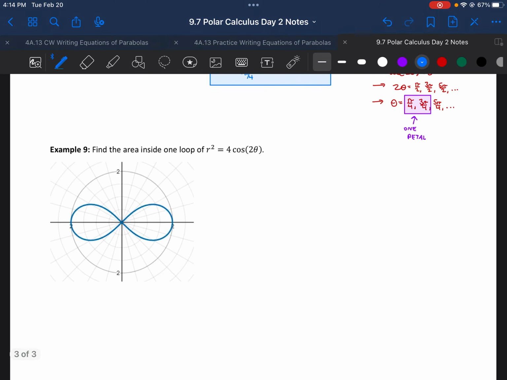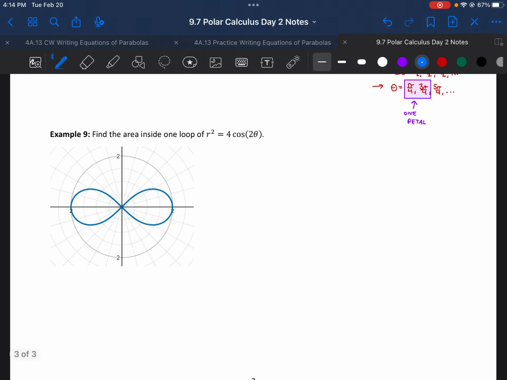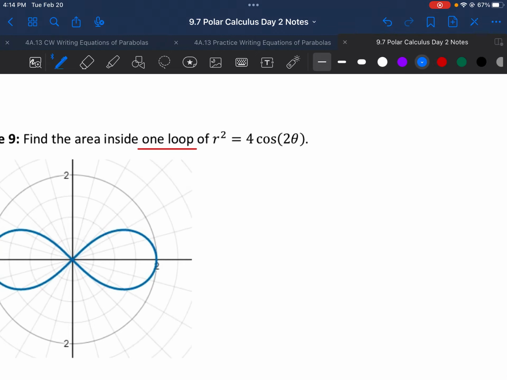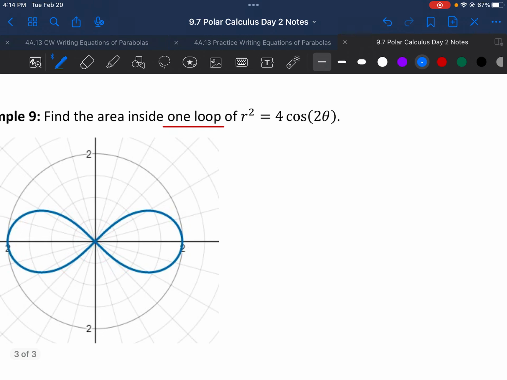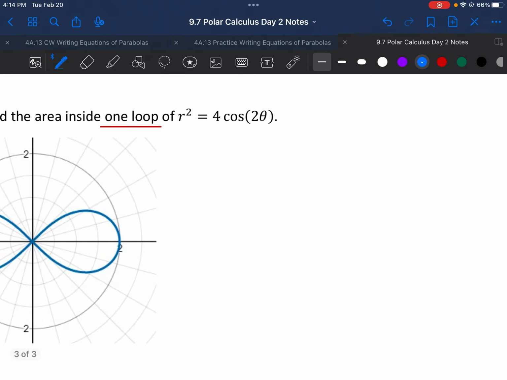And then our final example denotes, find the area inside one loop of r squared equals 4 cosine 2 theta. All right, so again, we're talking one loop. Right, r squared equals 4 cosine 2 theta. Again, I want to figure out when our curve is going to hit the pole, okay?